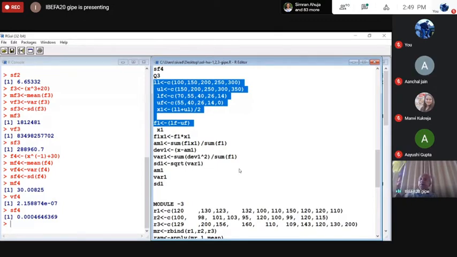Question number 2, less than cumulative frequency distribution. And question 3, more than cumulative frequency distribution. In both, you have to find the frequency distribution before you compute mean, variance and standard deviation as in module 1.